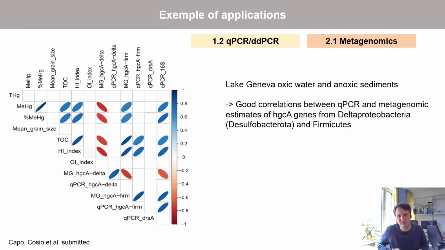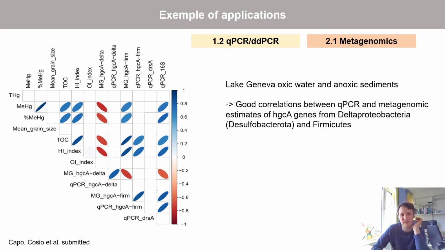I will just provide two examples of applications here. In this specific work we have been doing with Claudia, Andrea, and colleagues, we look at methylators or potential methylators in the oxic water and the anoxic sediment of Lake Geneva. On this correlation plot, I put the estimate of hgcA gene abundance we found with metagenomics, MG, and qPCR.